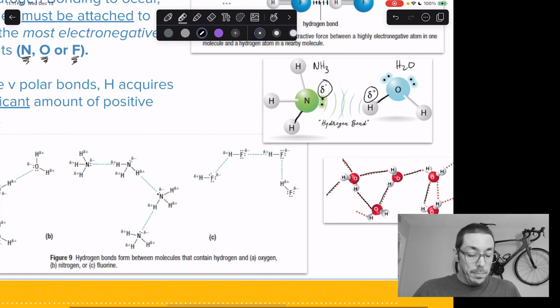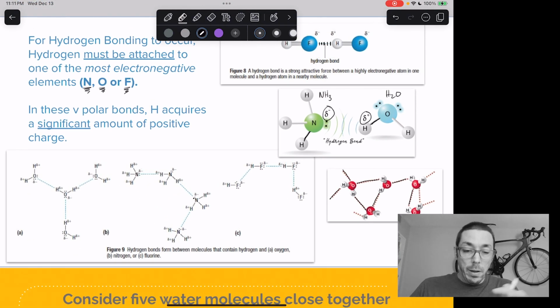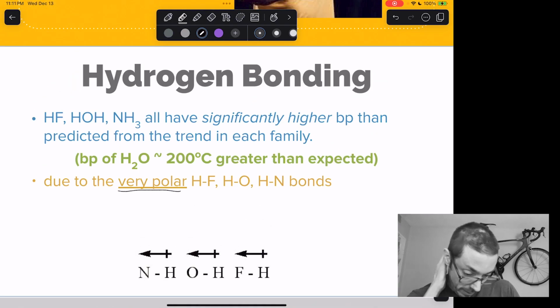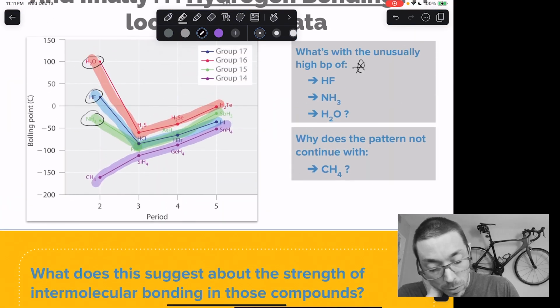And so that creates such a strong glue holding water molecules together that it has a boiling point of 100 degrees. So that's why these 3 molecules have such a high boiling point compared to the others.